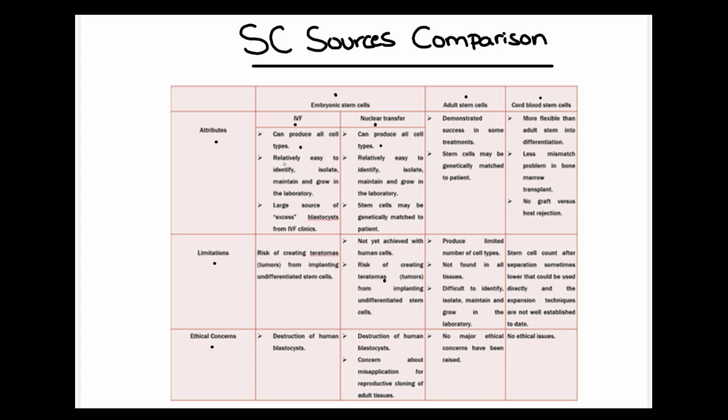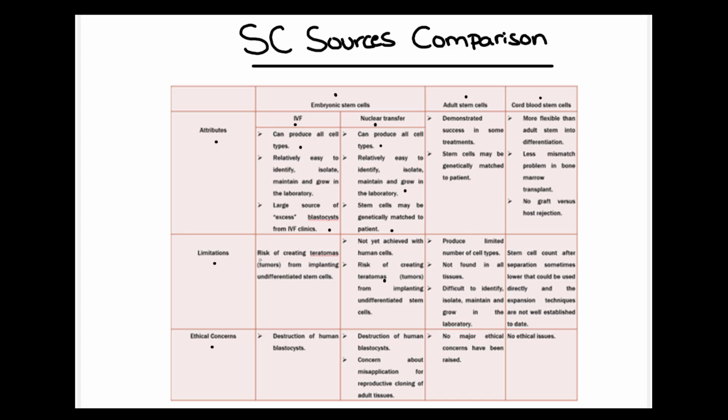It is relatively easy to identify, isolate, and maintain and grow them in a lab, same with nuclear transfer. And with the IVF, there's a large source of excess blastocysts from IVF clinics. In the nuclear transfer, the stem cells can be genetically matched to the patient. This lowers the chance of the patient's body refusing the treatment.